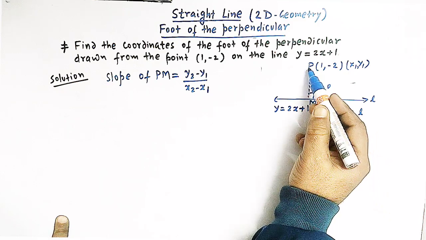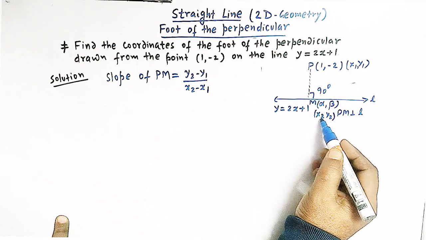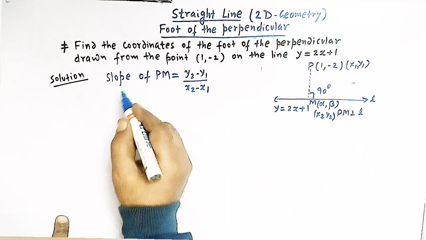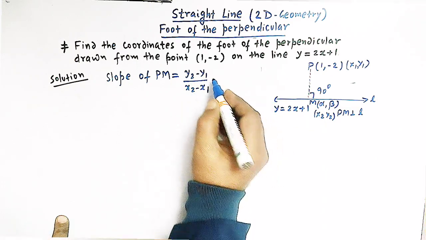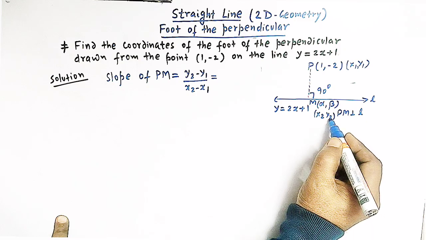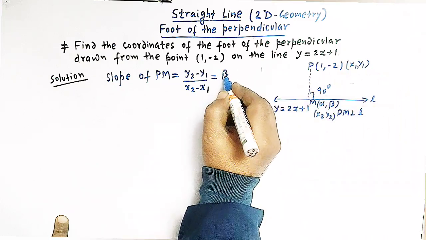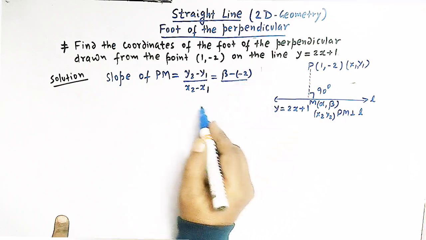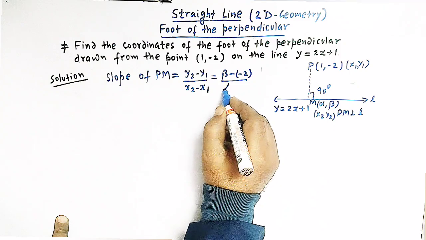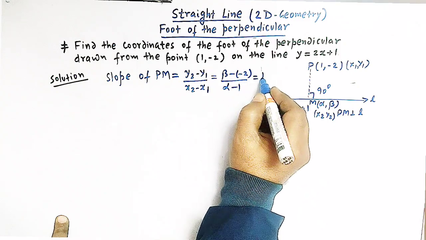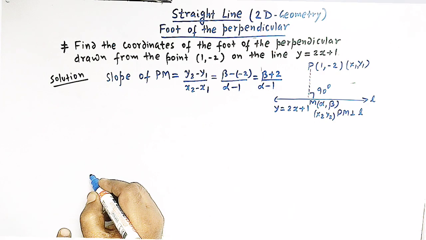So when we have 2 points on a line whose coordinates are (x1, y1) and (x2, y2), then the slope of the line is given by y2 minus y1 over x2 minus x1. So here we can now write beta minus (-2), and then we can write x2 minus x1, so we have alpha minus 1. So this is beta plus 2, and this is alpha minus 1, right?